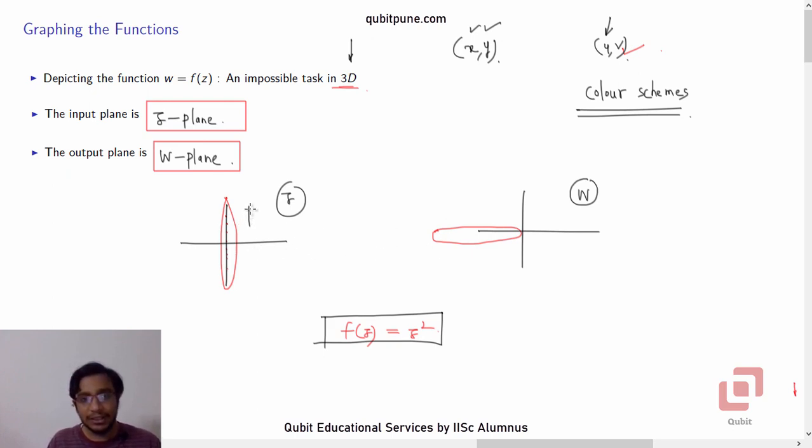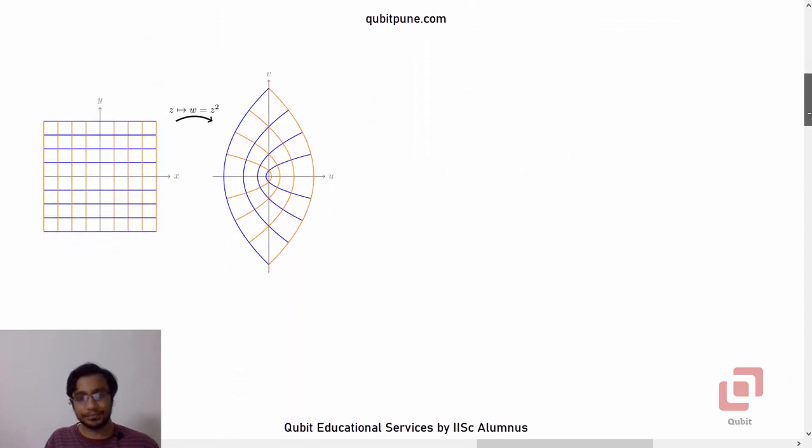But if we consider blocks, usually squares or grids, we can think of how the shape of the squares gets changed when they are mapped to the w plane. Now this is for the very simple case of z squared. The trivial case f of z equal to z is not very interesting. All right, so let us now discuss a few more things about the function z squared.